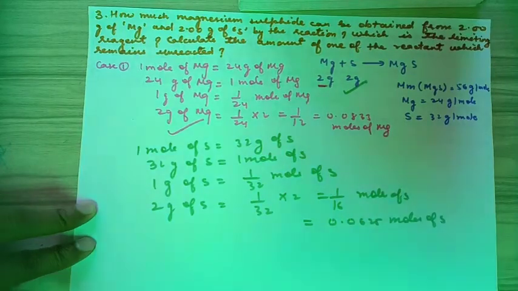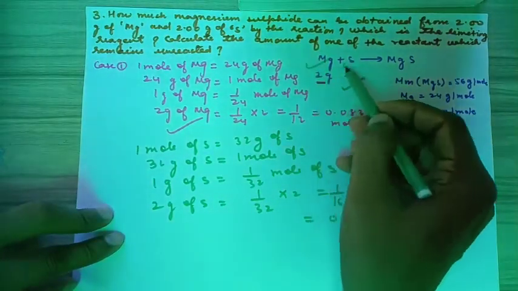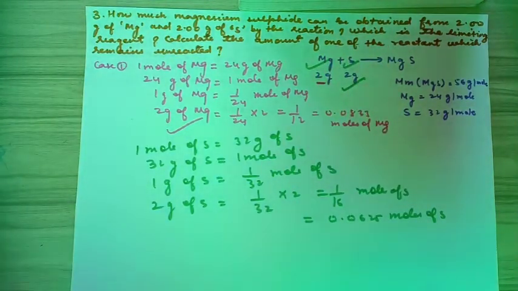moles of sulfur. Now we have obtained two amounts, that is of Mg and S. Now we have to compare these two to find the limiting reagent. So let's do it.